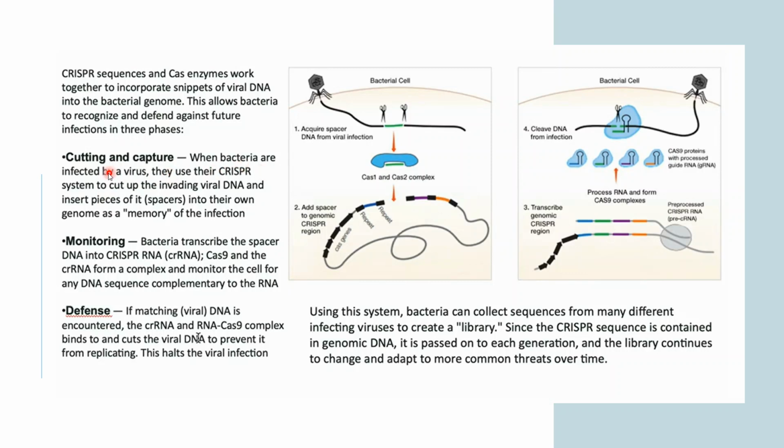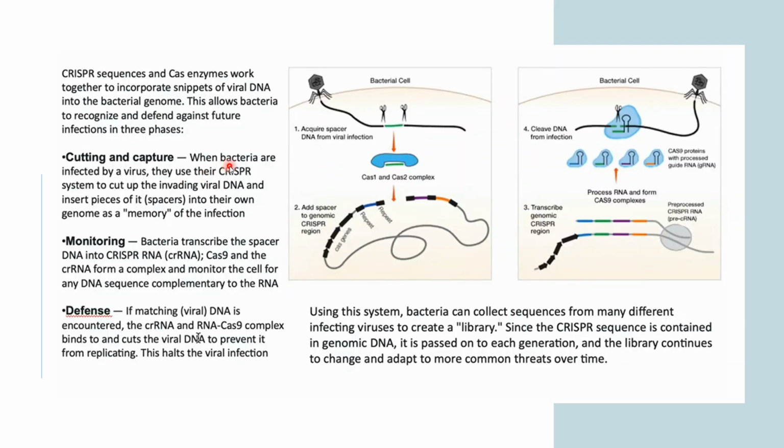When bacteria are infected by a virus, they use their CRISPR system to cut up the invading viral DNA and insert pieces of it into their own genome as a memory of infection. So what is happening here? When the bacterial cell is attacked by a virus, it acquires spacer DNA from the viral infection.